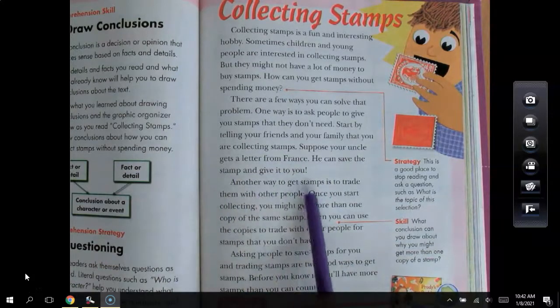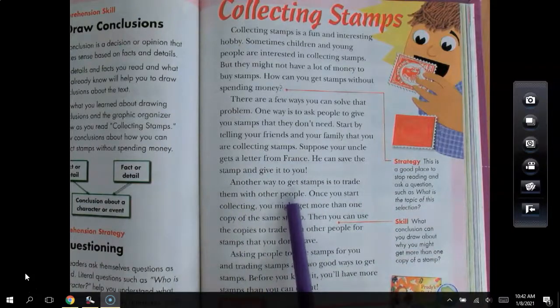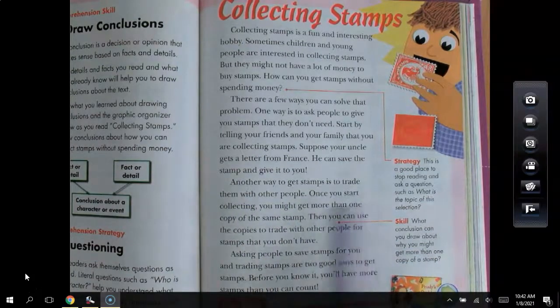Another way to get stamps is to trade them with other people. Once you start collecting, you might get more than one copy of the same stamp. Then you can use the copies to trade with other people for stamps that you don't have. Asking people to save stamps for you and trading stamps are two good ways to get stamps. Before you know it, you'll have more stamps than you can count.